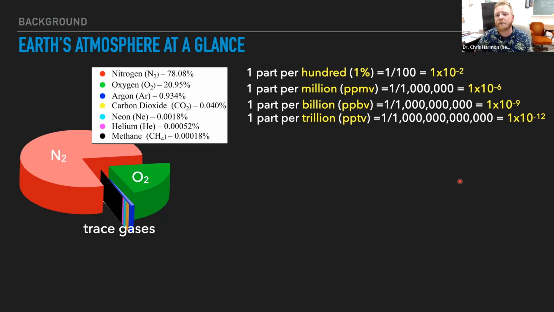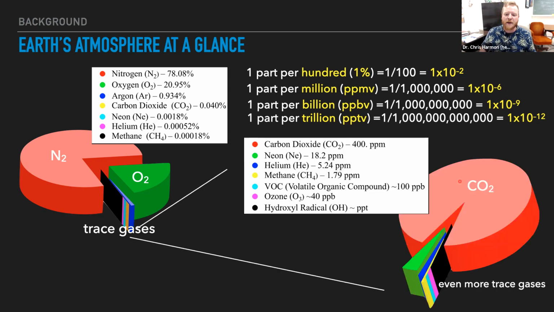But in atmospheric chemistry, we call that a part per million by volume. Under the ideal gas approximation, the number of moles is directly proportional to the volume. So if I have 1 out of 1 million molecules, I have a concentration of 1 part per million. Sometimes you'll see ppmv, and sometimes you'll just see ppm. In this talk and in atmospheric chemistry, we're referring to the volumetric mixing ratio.